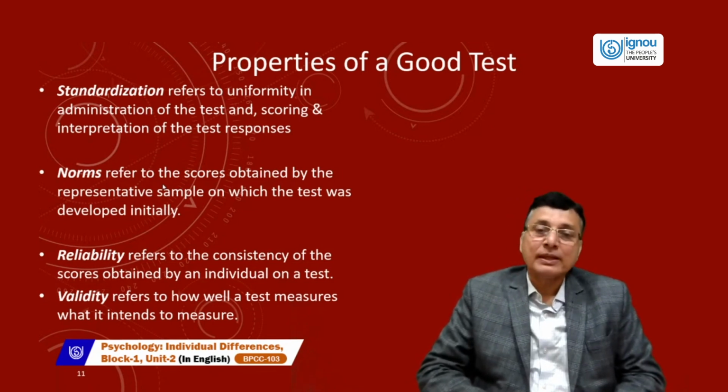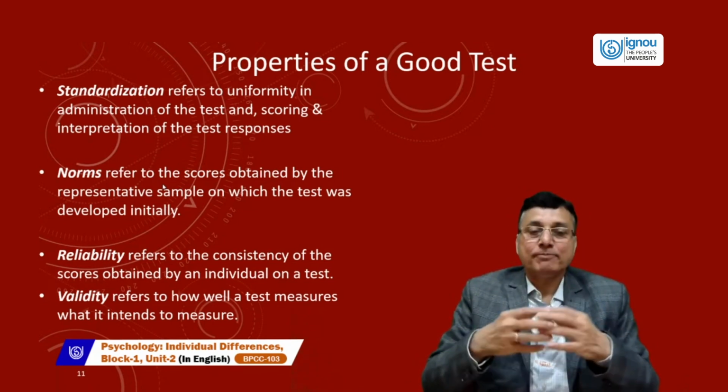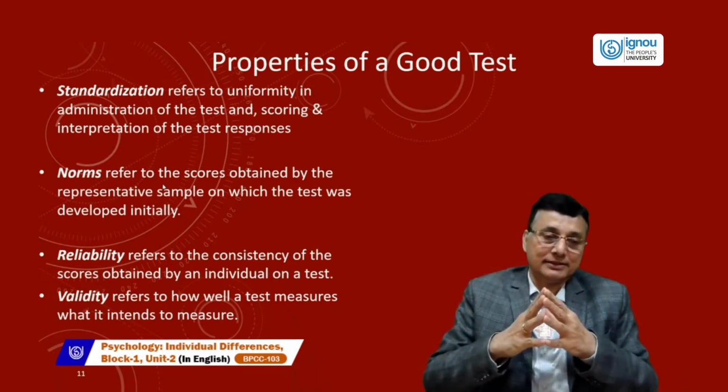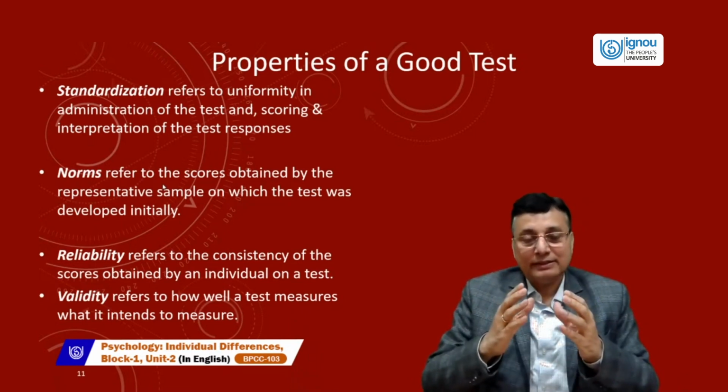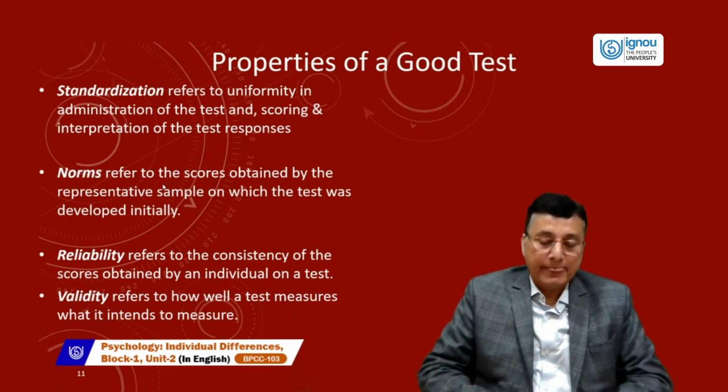For example, you have developed, or your teacher has developed, an IQ assessment test, an intelligence test. Okay, and the test claims that it gives the intelligence of the person.